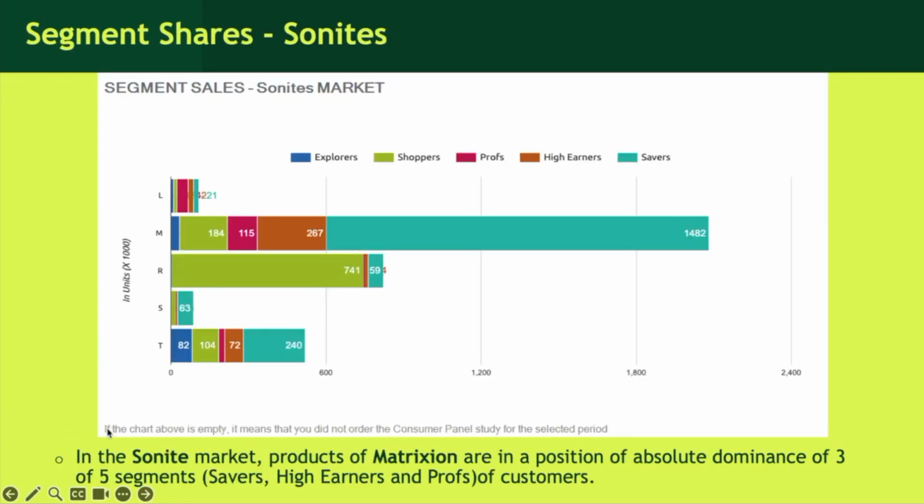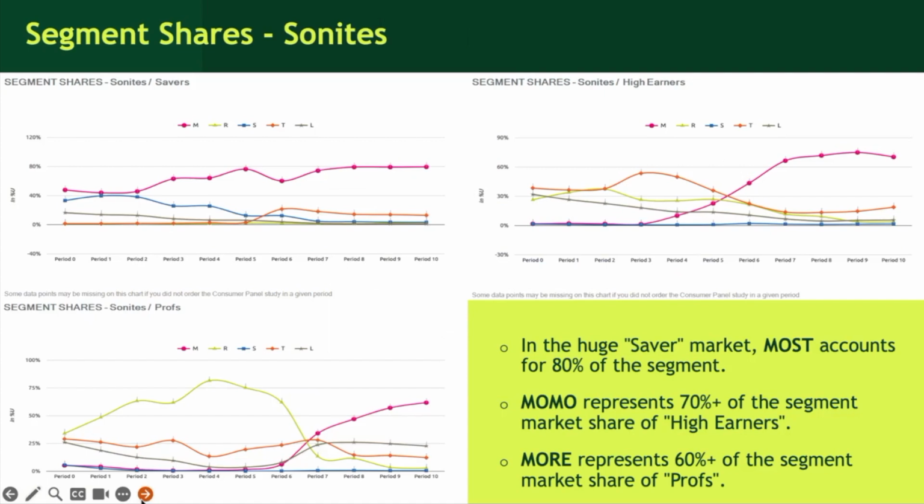And for the segment share in the Sonnet market, we can see from the picture that the products of Matrixon are in a position of absolute dominance in 3 segments. These are the 3 segments respectively.